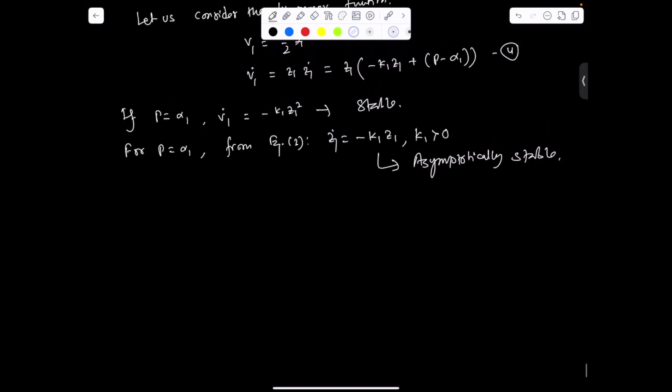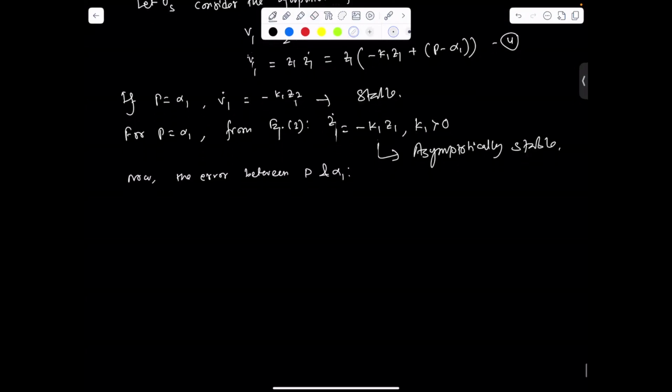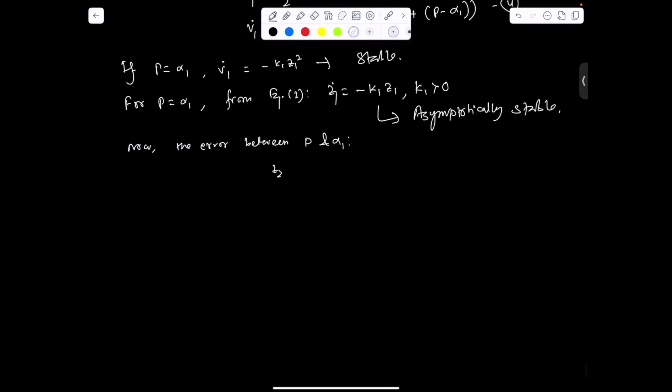Now we'll work on G2. So G2, as you have done in the previous lecture, is the error between P and alpha 1. Why we are doing this has also been explained. So we can write G2 equal to P minus alpha 1.